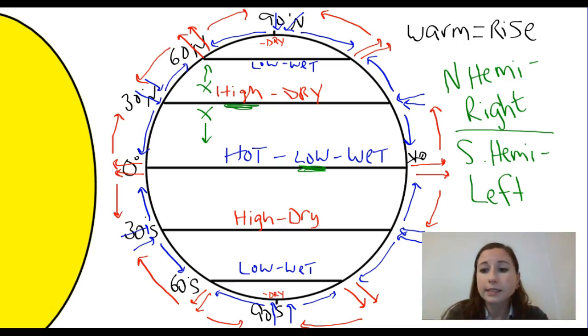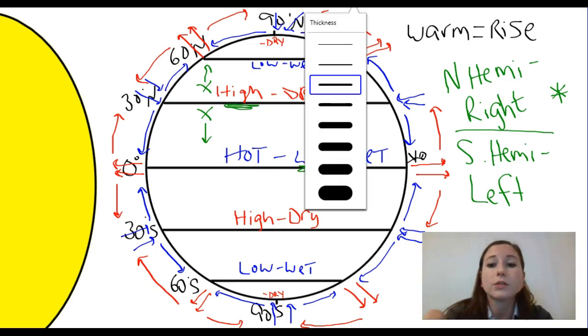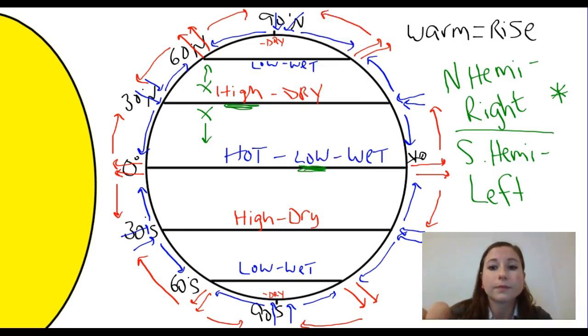Now, there is this factor that has to do with Earth's rotation, that because we're going to be in the northern hemisphere, although we want to move from an area of high pressure to low pressure, we have to see our winds deflecting to the right. So instead of just going straight up or straight down, this planetary wind belt is going to move slightly to the right.